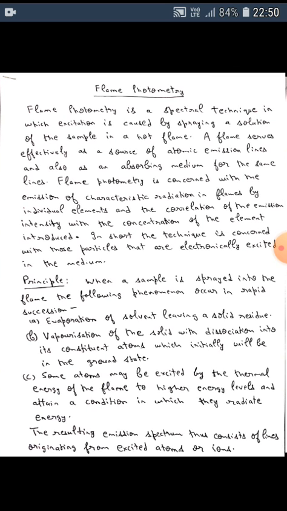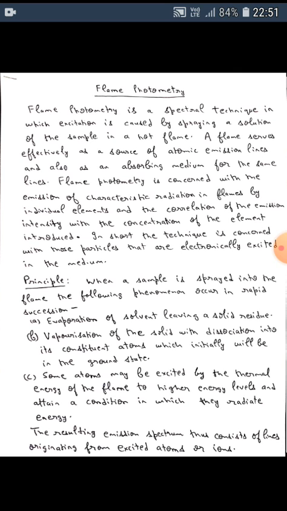The next phenomenon which occurs is that some atoms may be excited by the thermal energy of the flame to higher energy levels, and they attain a condition in which they radiate energy.